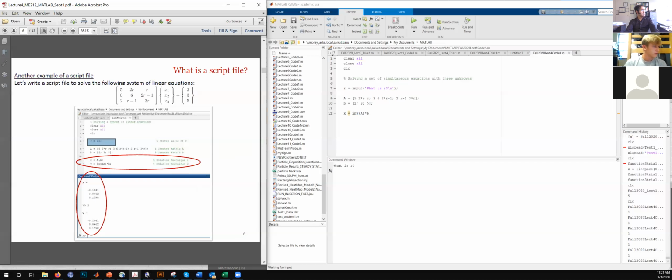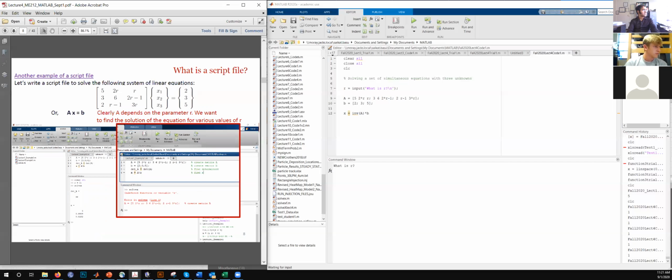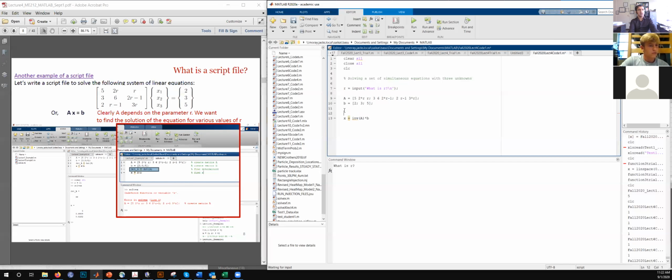One more thing in this particular example. Along with figuring out what is x, which is x1, x2, x3, I've also tried to figure out what is the determinant of that big matrix A. So if I ask you in the test, what is the determinant of A, what you do is add another line here. So determinant of A is det, which is the MATLAB syntax to evaluate the determinant.